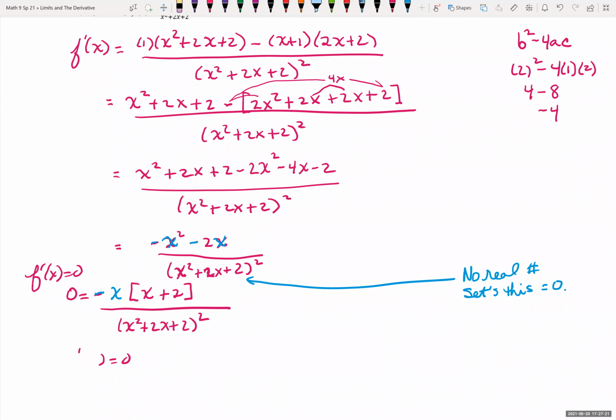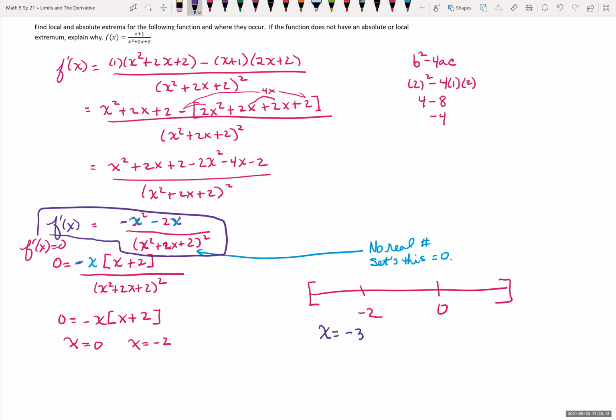And so if we choose x to be less than negative 2, how about negative 3? Plugging in negative 3 wherever we see an x, I would get negative, and then I would have that negative 3 part just squared, which is 9 with a negative in front. So that's going to give me a negative 9.